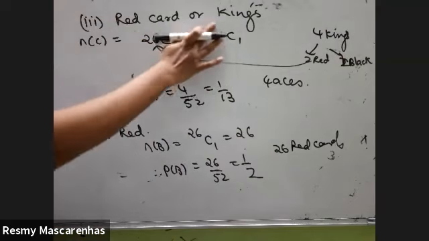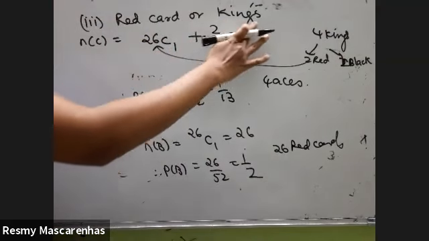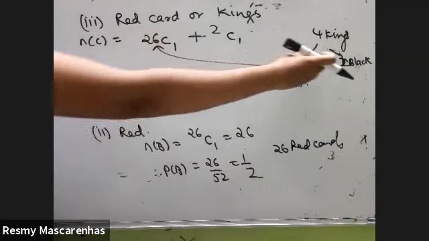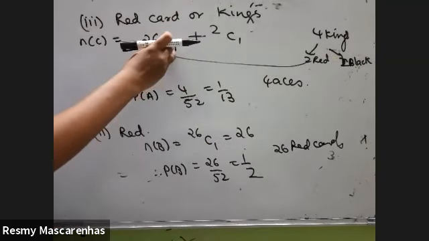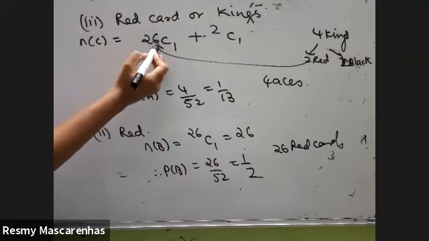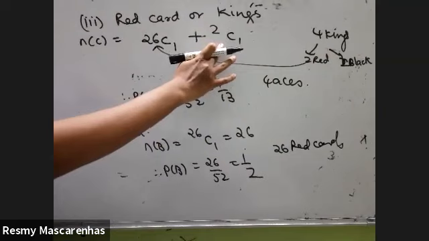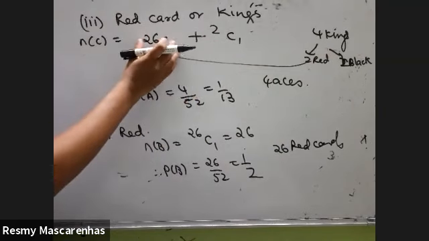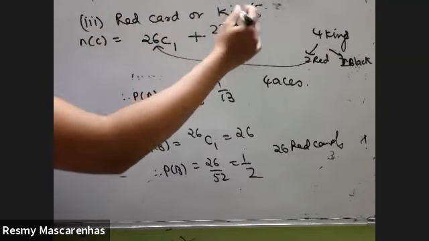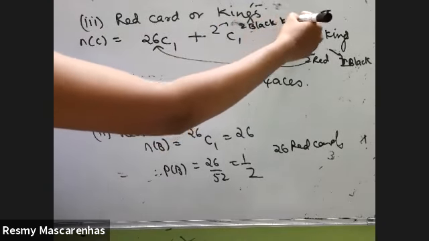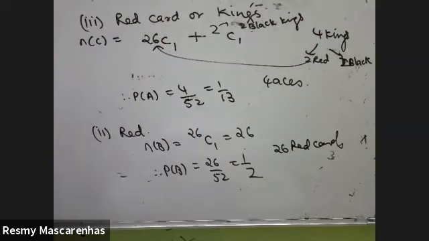So which are the 2 left? Only black kings, because in this 26 you have already counted these 2 red kings. Otherwise you should have taken 24 red cards other than the kings, and this would be 4 then. Anyway, this is 26 and for this you write 2 black kings, because these 2 red kings are already taken here.